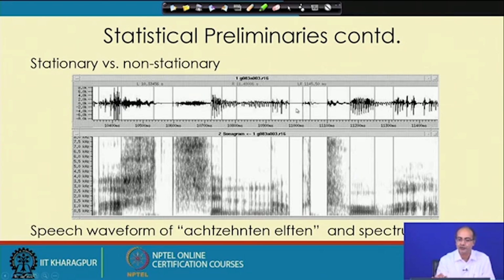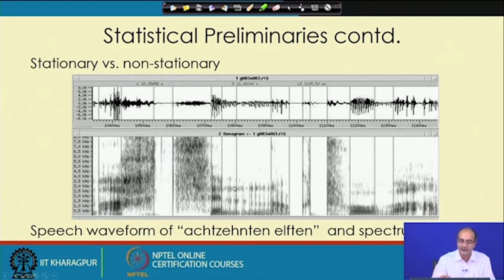Somewhere it is becoming close to 0, somewhere it is becoming very high. So, this signal as such is a non-stationary signal, but if we take a small window, we can say more or less the characteristics remains to be the same. So, we can also call it as a quasi-stationary signal.